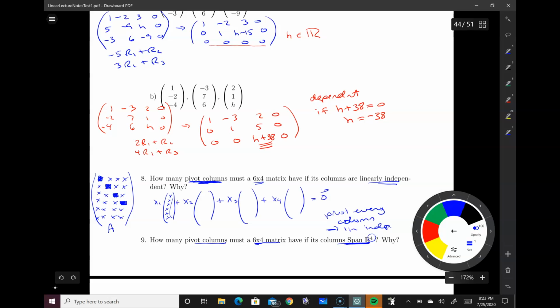So if I have a 6 by 4 matrix, there's no way I can take linear combinations of things that are in R6 to get to spanning all of R4. So vectors in R6 cannot span R4. They're completely different animals.